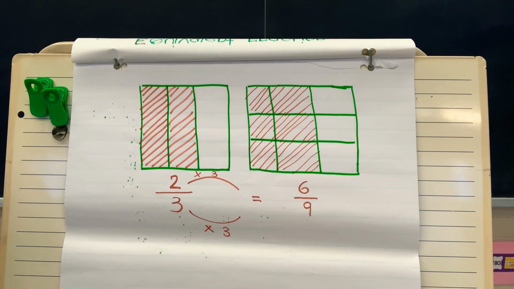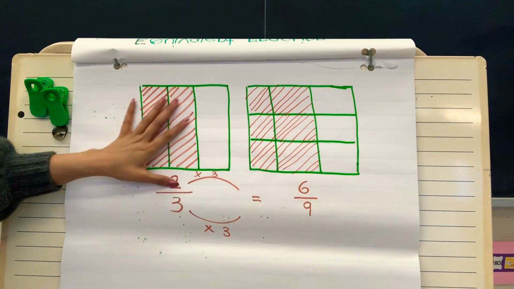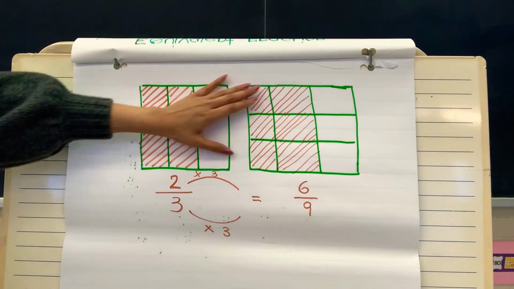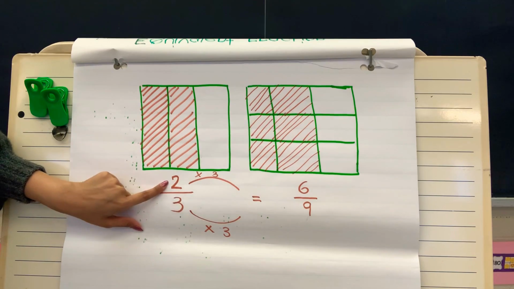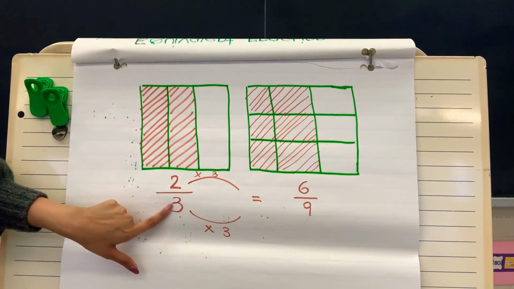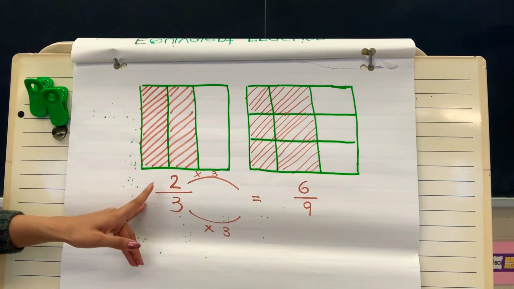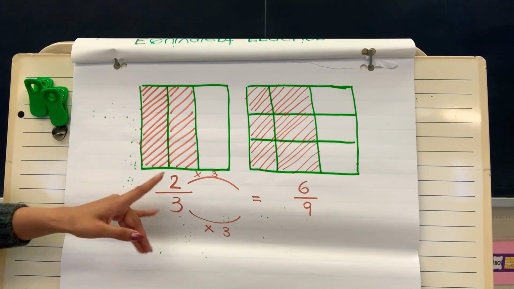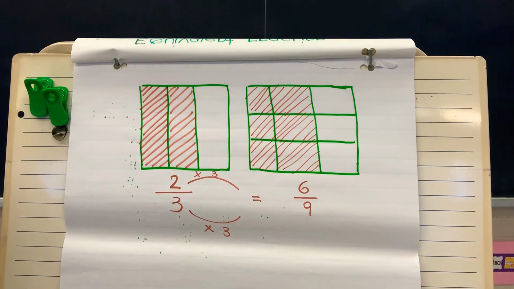So do you see how both the shaded parts, both the numerator, my top numbers, and my denominators, 3 and 9, were multiplied by 3? Okay, do you see it?